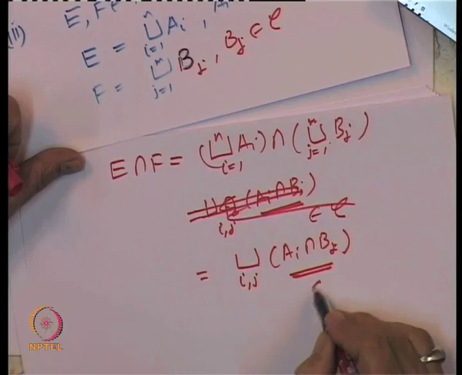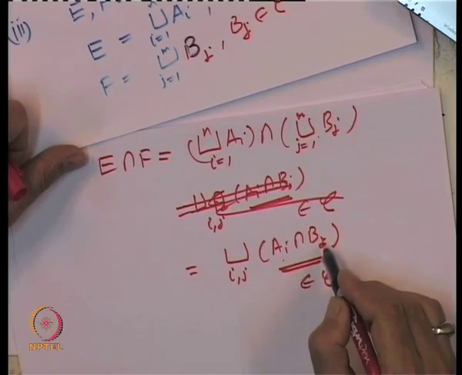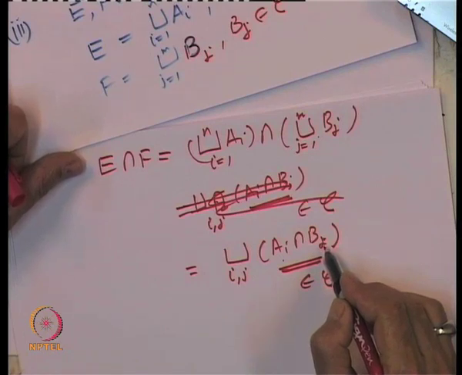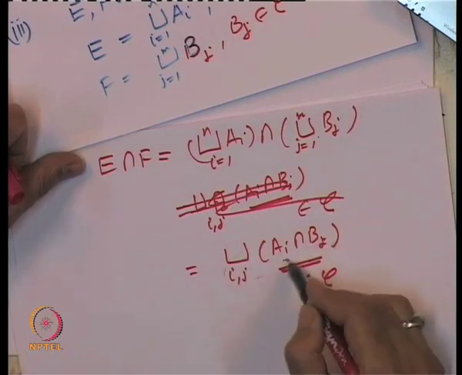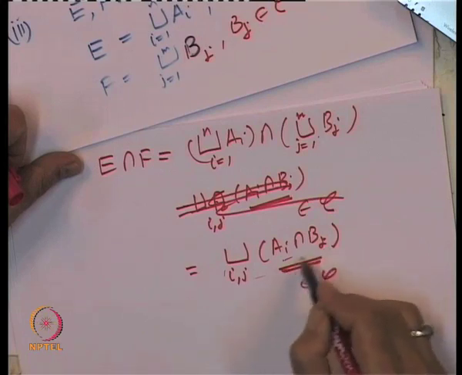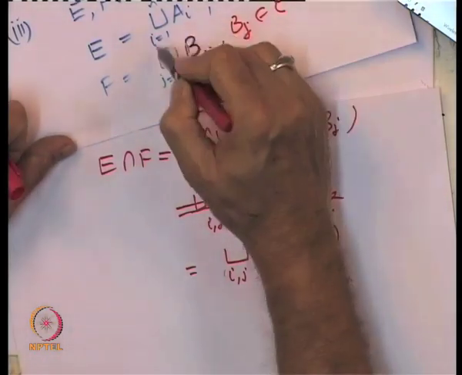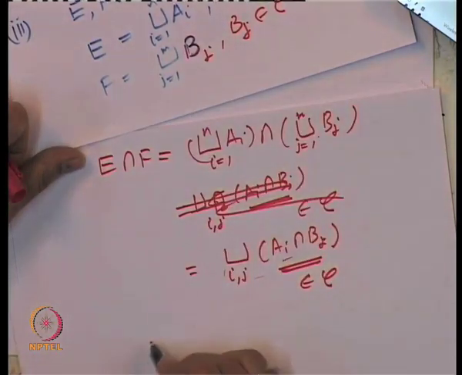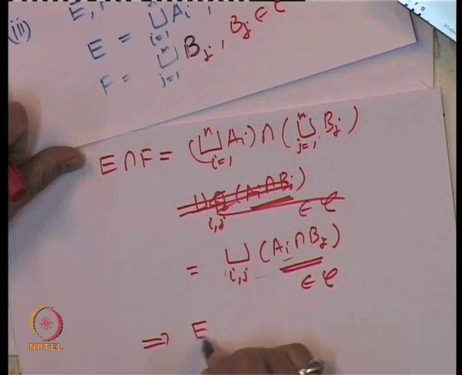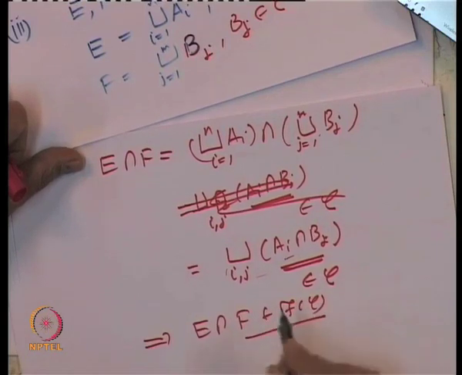Each one of these elements is an element of C, because C is a semi algebra, A i belongs to C, b j belongs to C, and these are again disjoint, because for different pairs i, j they will be disjoint by the property that these unions are disjoint. So, this implies that E intersection f also belongs to f of C.